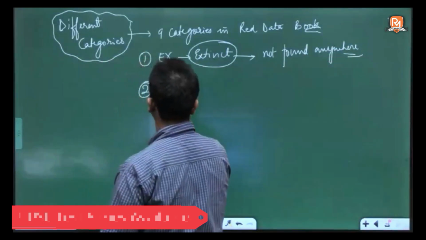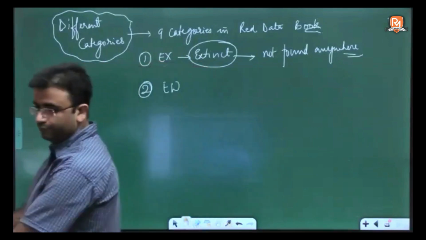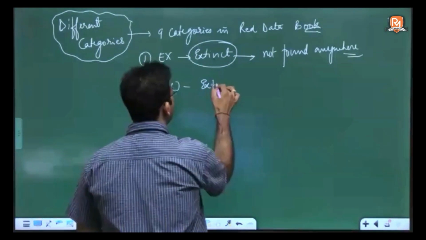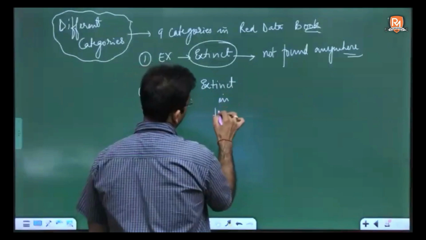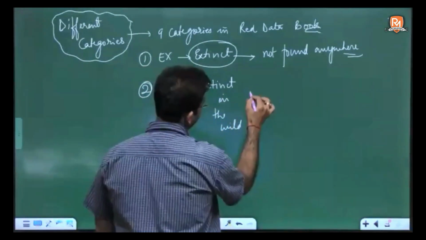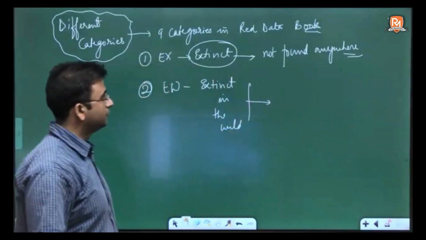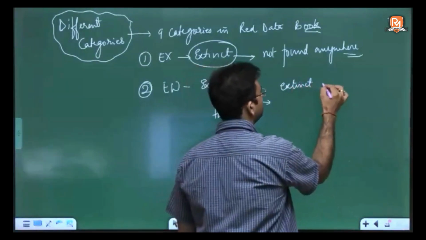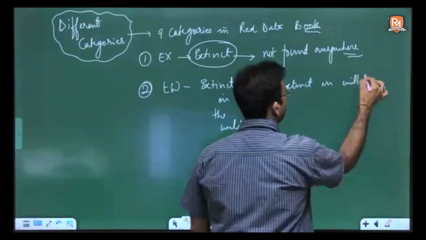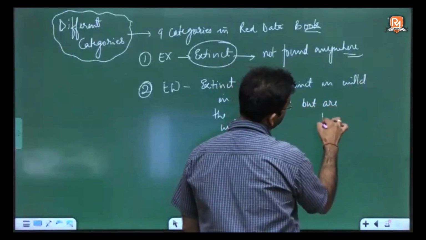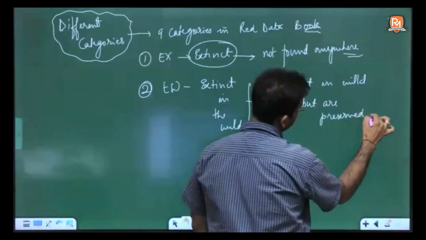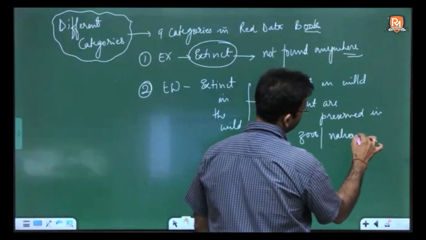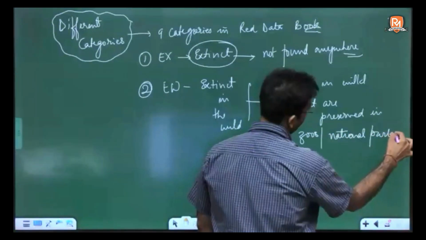Second is EW. EW are the species which are extinct in the wild. They have become extinct in the wild, but are preserved in zoos, national parks, or any protected area.